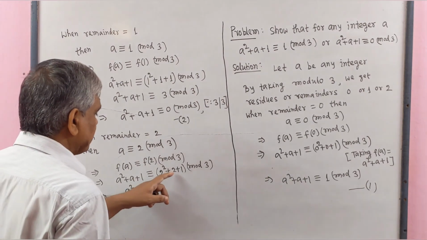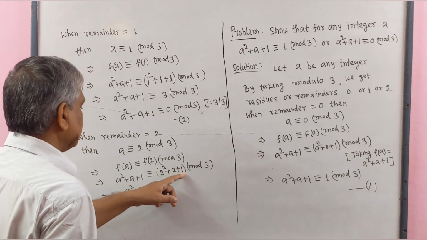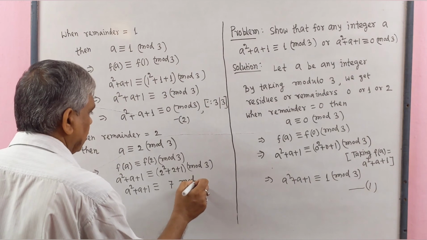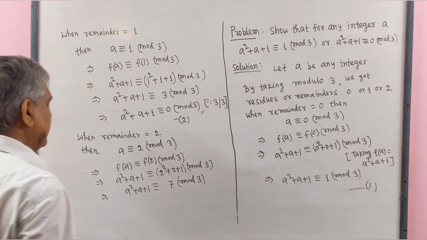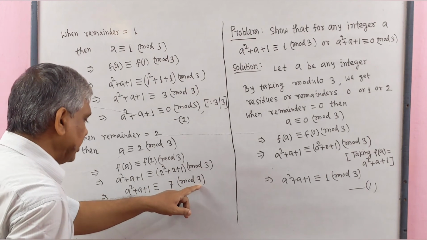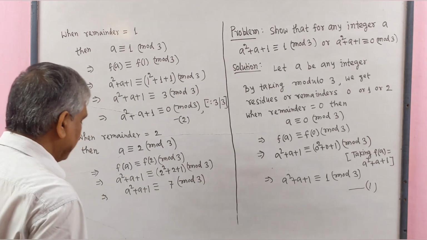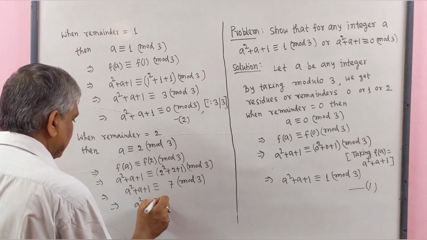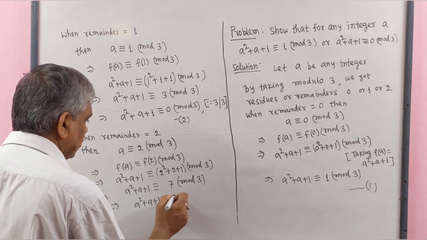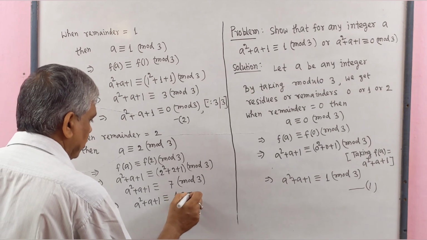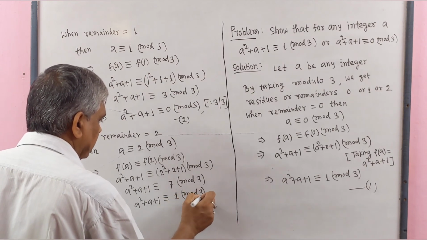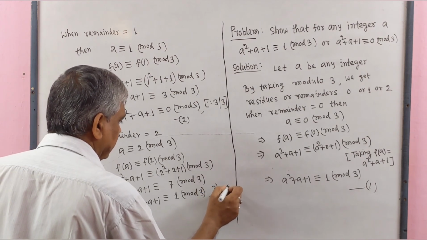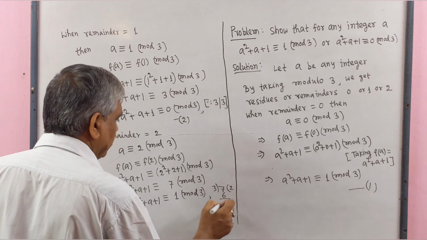This is 4 plus 2 plus 1, which means 7 modulo 3. When 7 is divided by 3, the remainder is 1. This means a squared plus a plus 1 is congruent to 1 modulo 3, since 7 divided by 3 gives remainder 1.